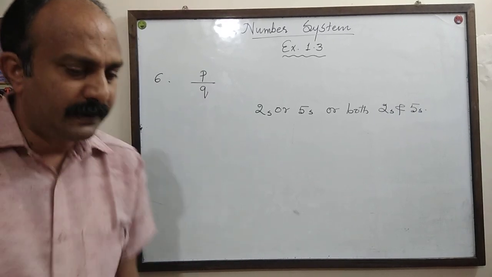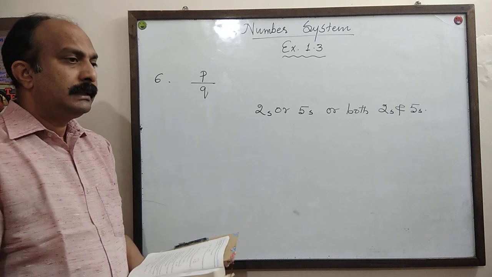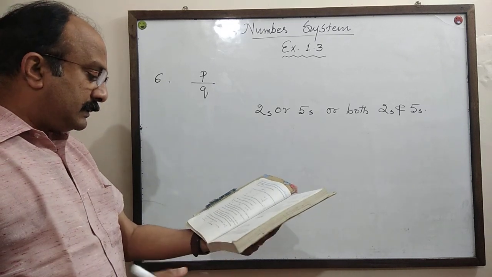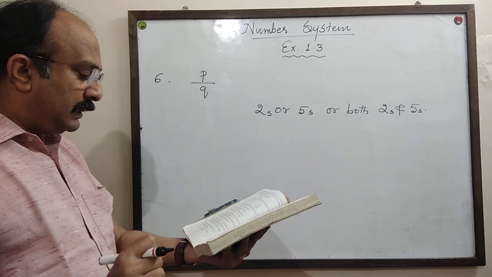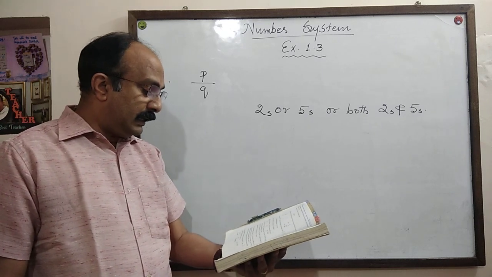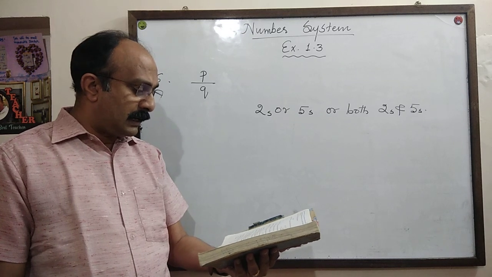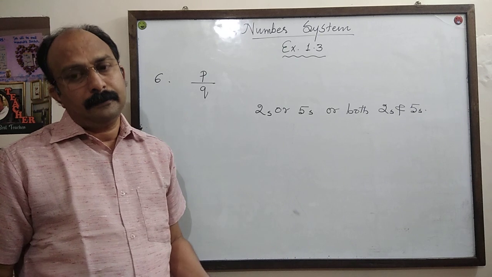Now question number 7. Write three numbers whose decimal expansions are non-terminating, non-recurring.